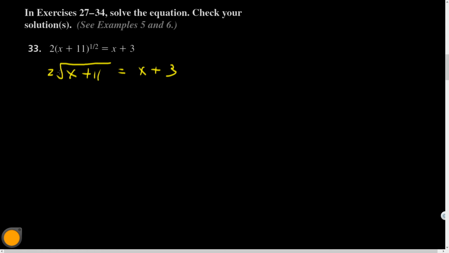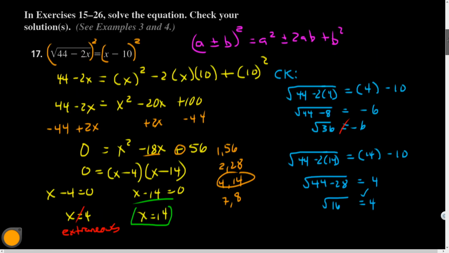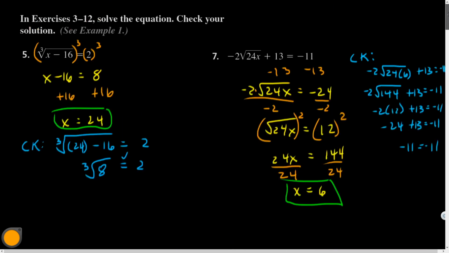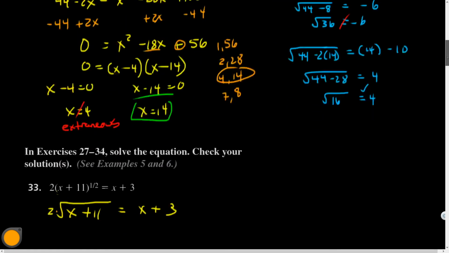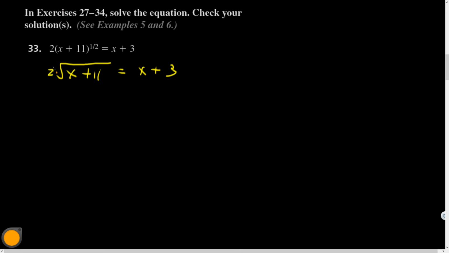Because this is only multiplication, and not addition or subtraction, like over here, where you definitely wanted to get rid of anything that's added or subtracted. But when it's only multiplication, you actually could square it at that point and be careful, because you can distribute exponents over multiplication or division.